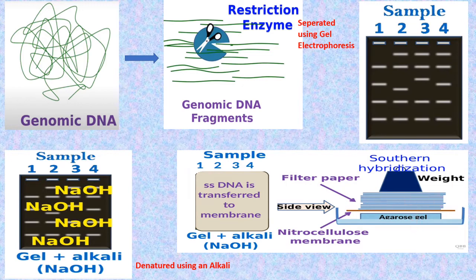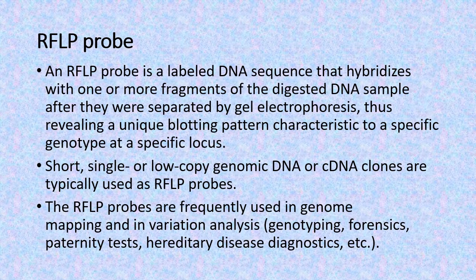So by southern hybridization, we transfer the single stranded DNA to the membrane, and then after this, we have to recognize or detect the presence of a desired sequence of nucleotides. So that is done by making use of specific RFLP probes.